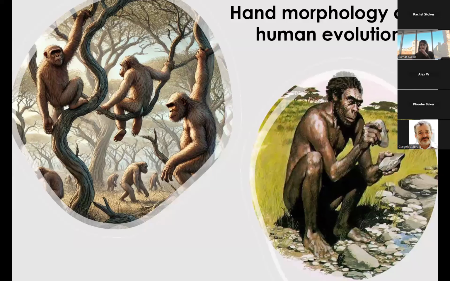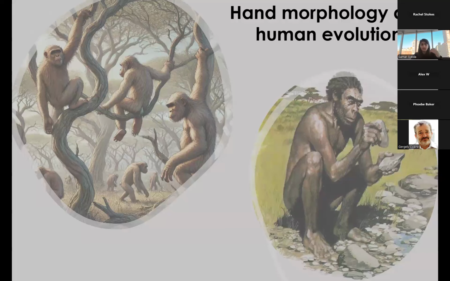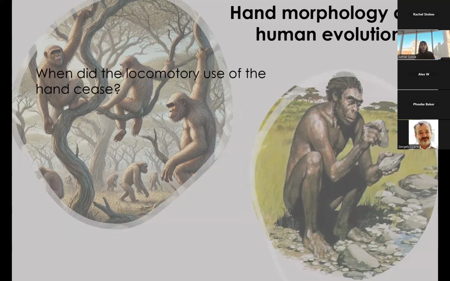And furthering on to why I'm really interested in the hand, it's because we can truly address some really fundamental questions about human evolution by looking at the hand. The first one is, when did the locomotor use of the hand cease?